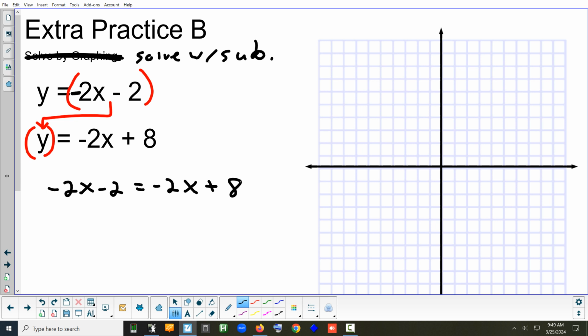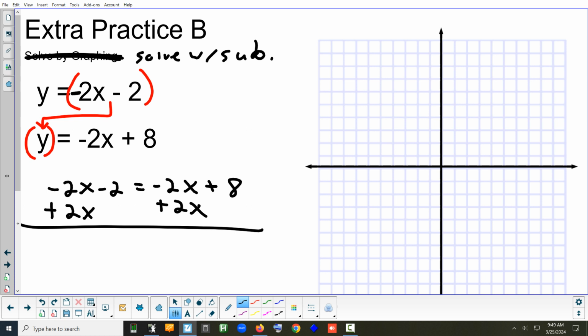Okay. And now let's get all our x's on the same side. How would we move the x's from the left over to the right? Add 2x to both sides. Yep, you would add 2x on both sides.